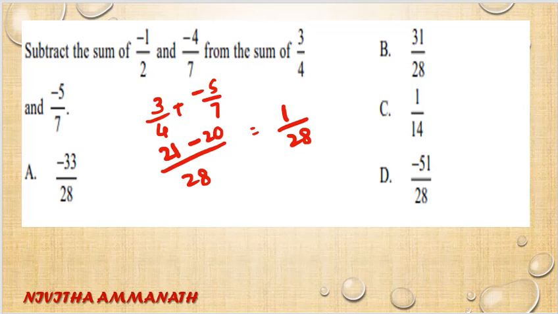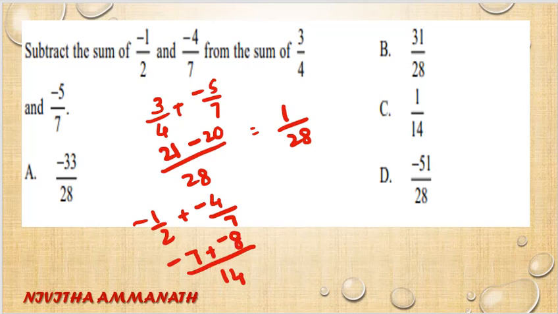Then subtract the sum of this sum, minus 1 by 2 plus minus 4 by 7. LCM is 14. So minus 7 plus 2 into 4, 8. That is minus 8. That is equal to minus 15 by 14. From this, we have to subtract this.